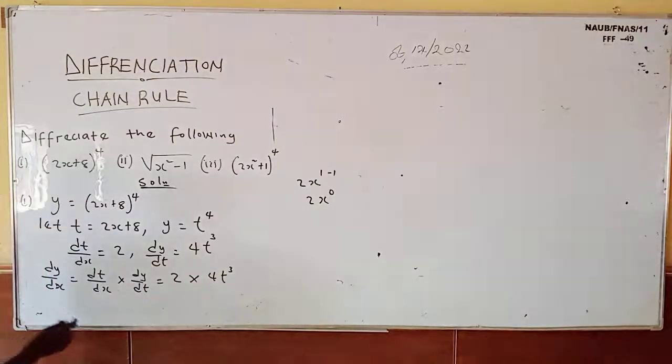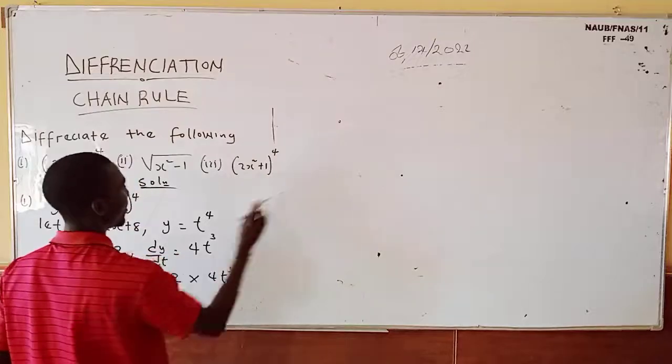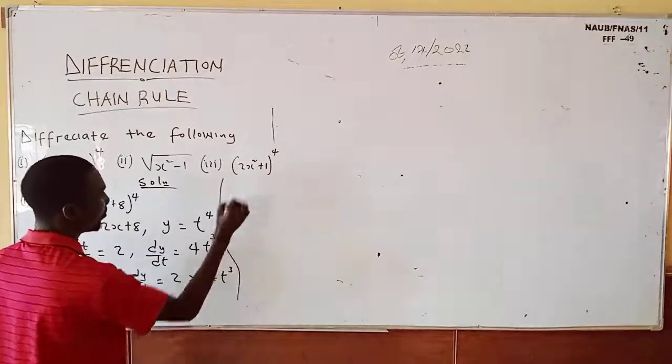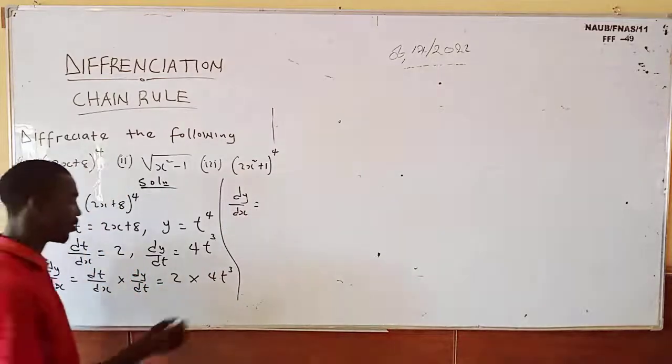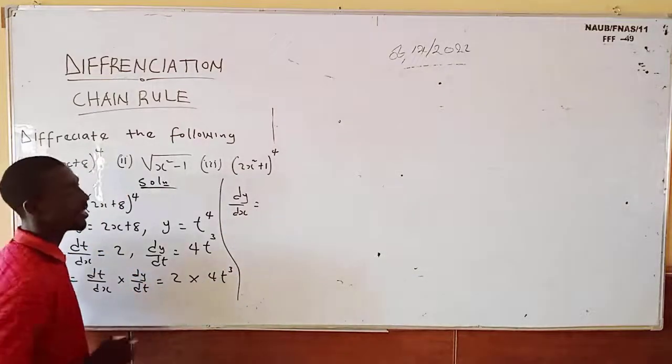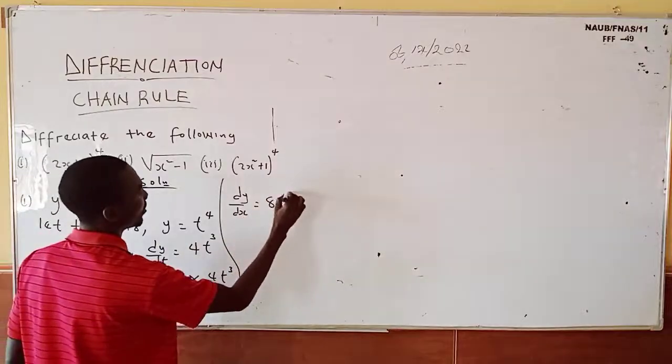So now it means that dy over ds will be equal to 2 times 4t cubed. That is 2 times 4, which is 8. That is 8t cubed.